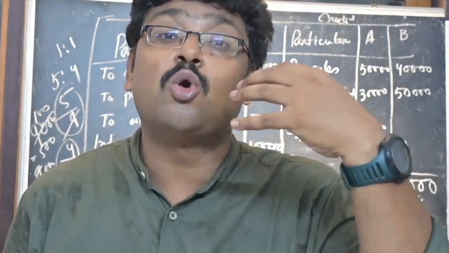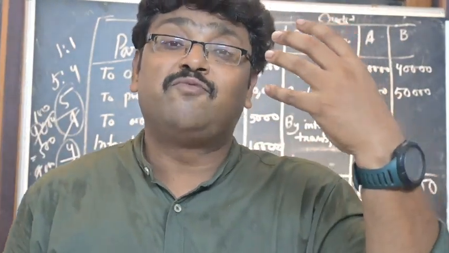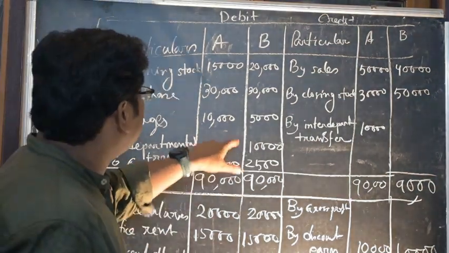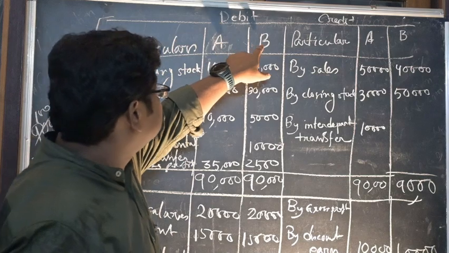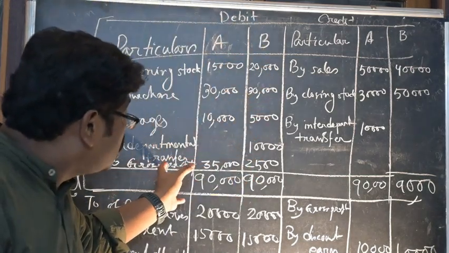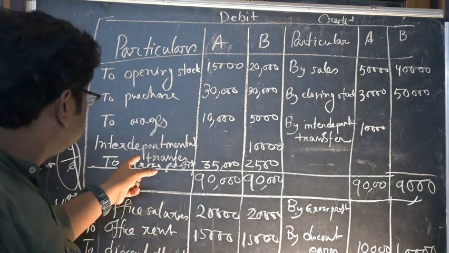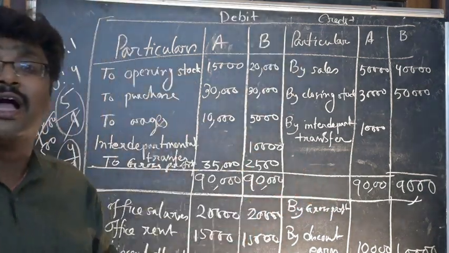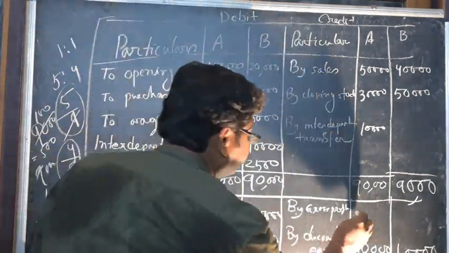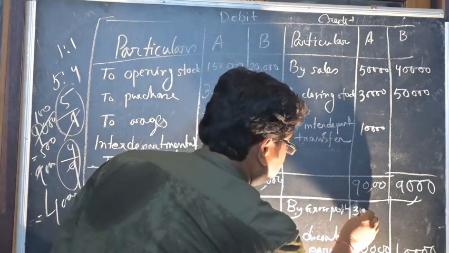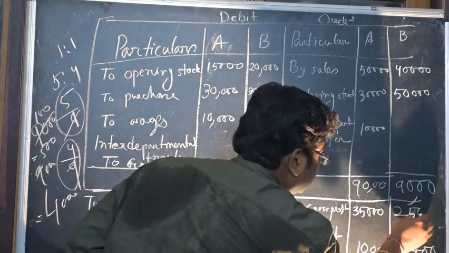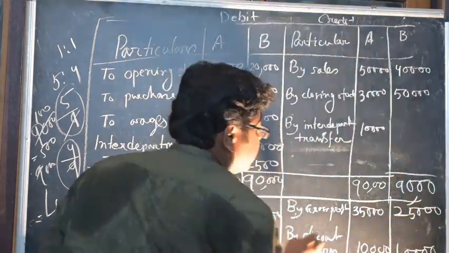The gross profit we found in the trading account is 35,000 for department A and 25,000 for department B. It should be carried forward to the credit side of the profit and loss account.